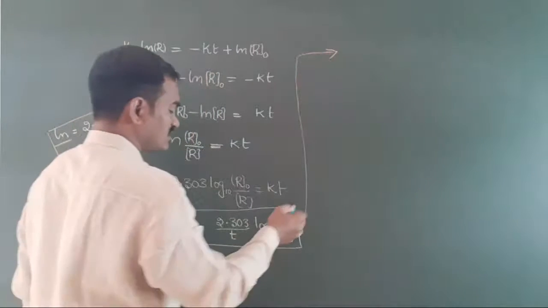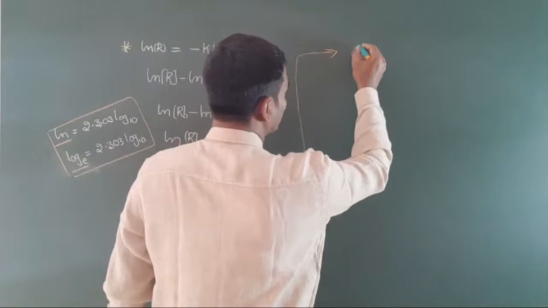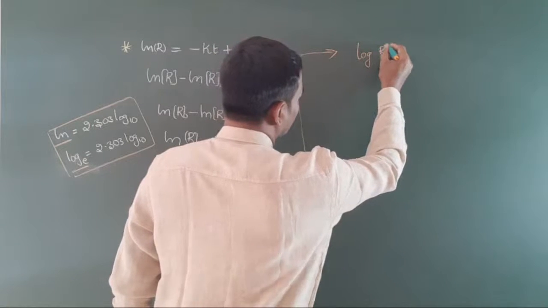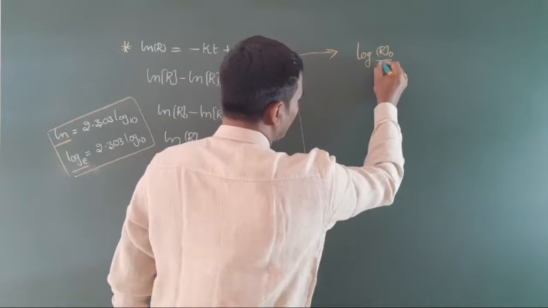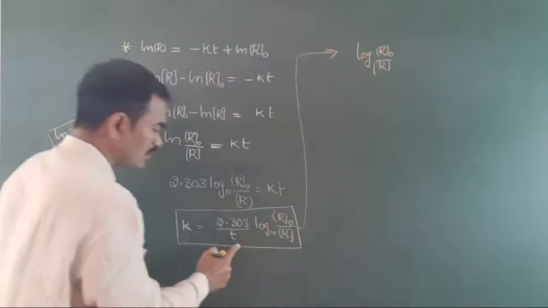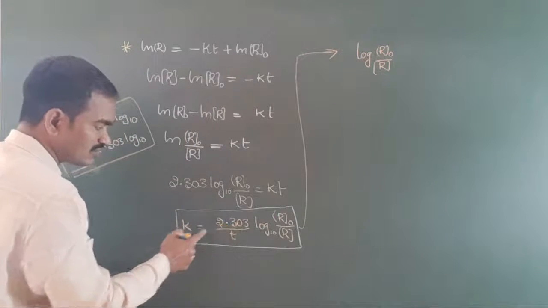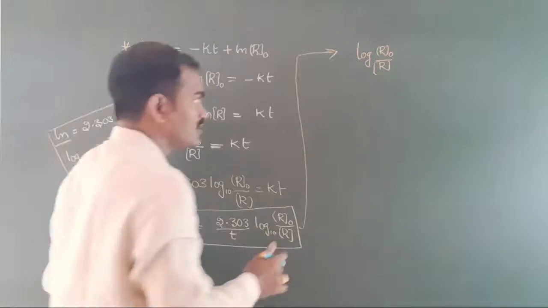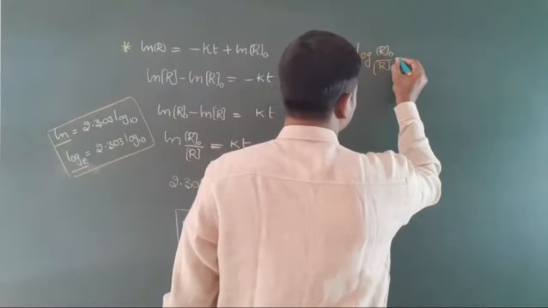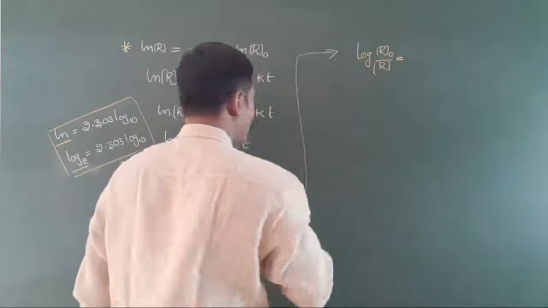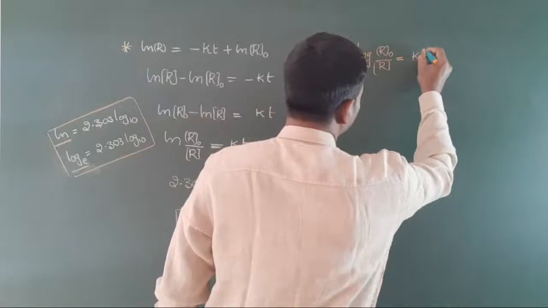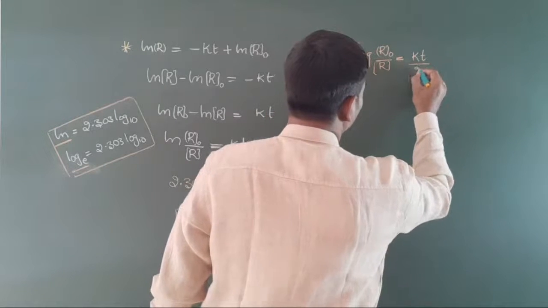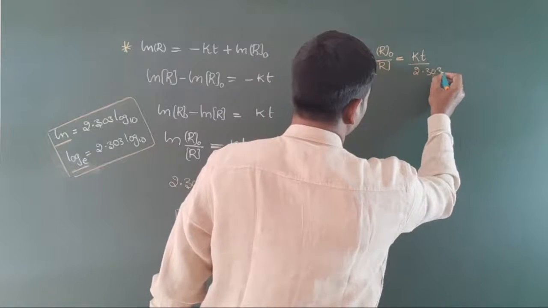Here, just a small change: log of R naught by R. The t and 2.303 I am taking to this side. So automatically what comes here is kt by 2.303.